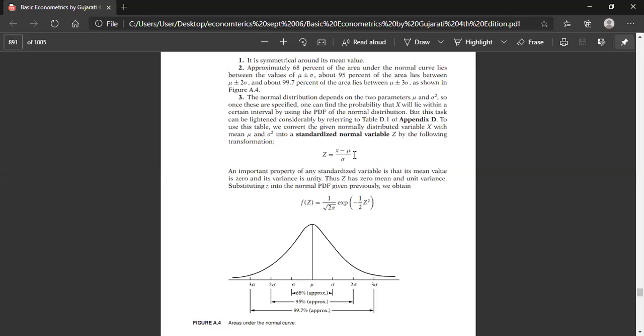I'll ask this question again and again. You can never forget it. How to standardize a variable. Never forget this formula. Variable minus mean of the variable divided by standard deviation of that particular variable, not another variable. Sometimes people divide by some other standard deviation. No, you have to find the standard deviation of that particular variable.